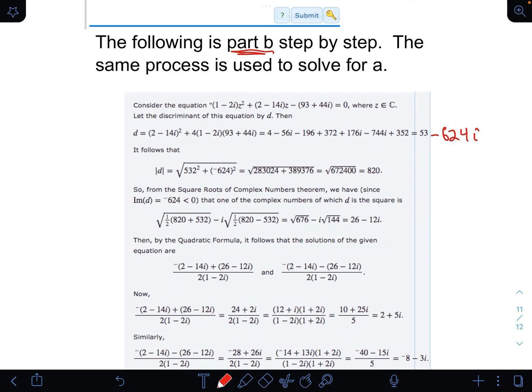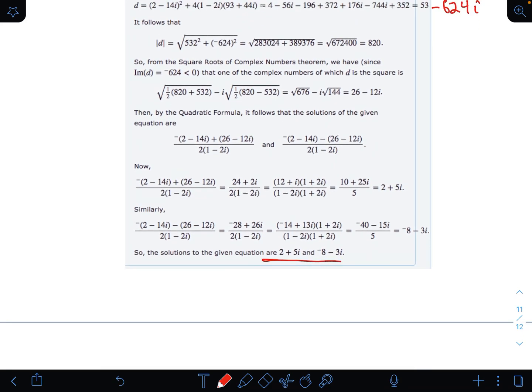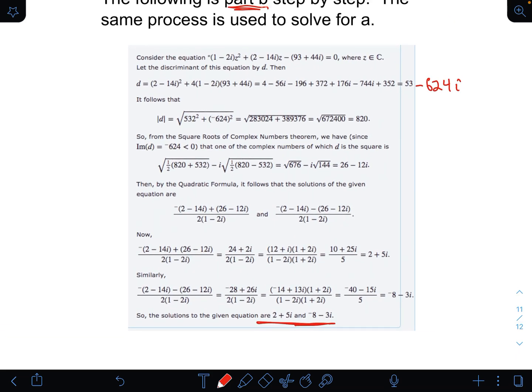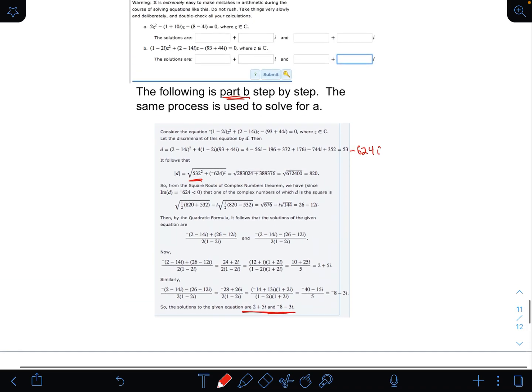When you go to solve this, the solutions to the equation are right there. Hopefully this process of finding the absolute value, and then using that absolute value to find the square roots of complex numbers, made sense to you.